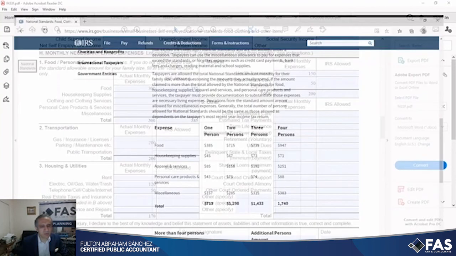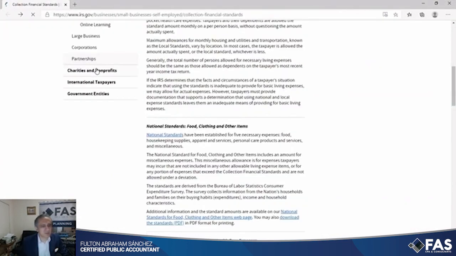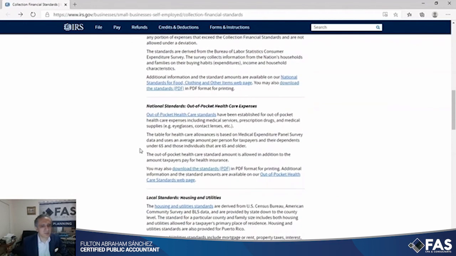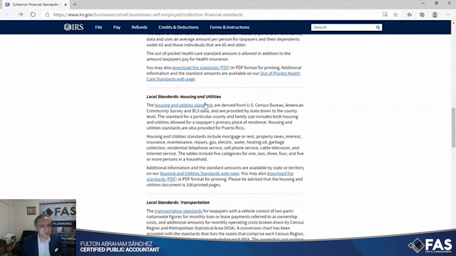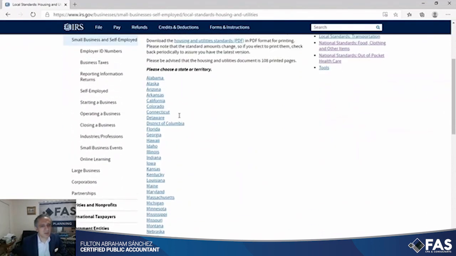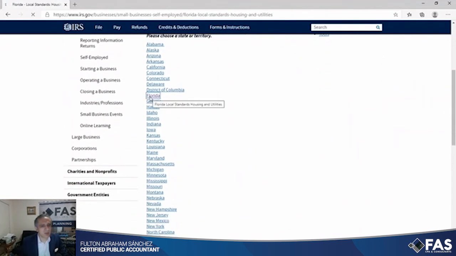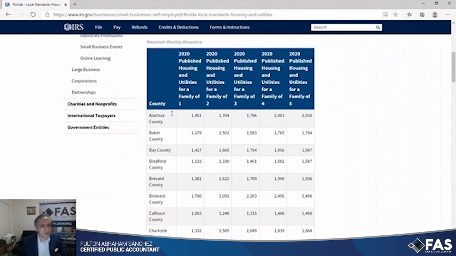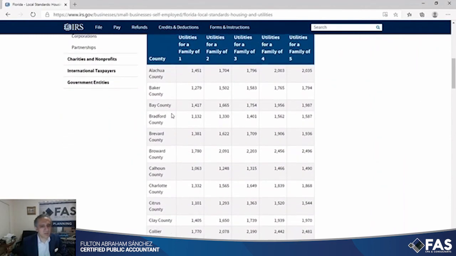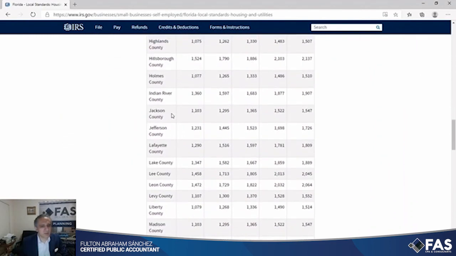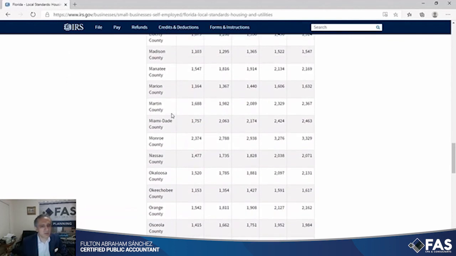Electricity, then I have to go to the electricity. This is for food. Now I go to the electricity. Healthcare expenses, housing and utilities standard. Okay, so I have to look for Florida. This case is Florida, and then depending on the county. So it is Miami-Dade.